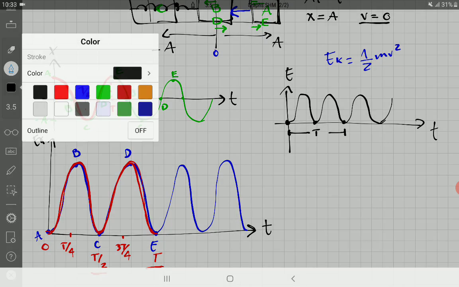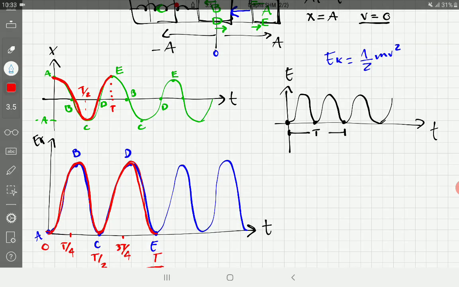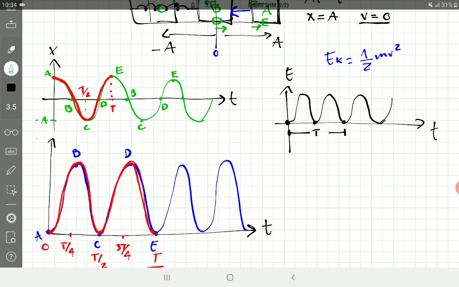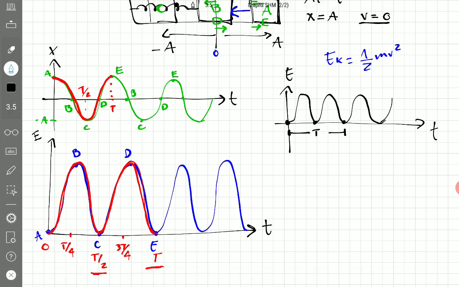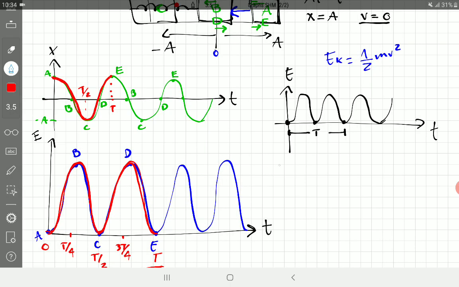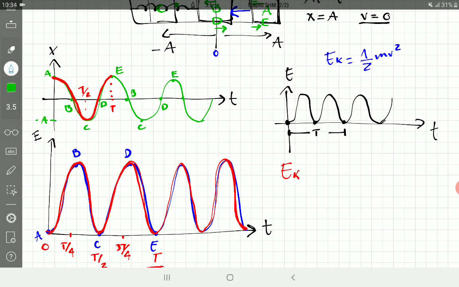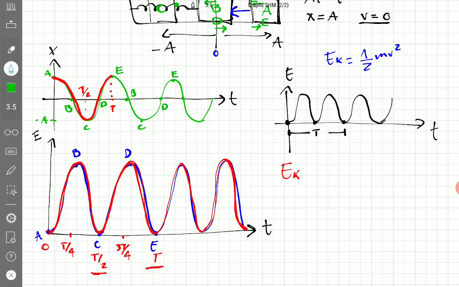Now, the other thing that I wanted to make you aware of is what happens with gravitational potential energy, right? So let's say that this energy here is, I'm not going to say that it's kinetic, I'm going to say it's just energy. So I'm going to say the red one will be kinetic. So that's your kinetic energy, the one in red. And then in green, I'm going to draw my potential energy. The potential energy is going to have the same behavior, but opposite.